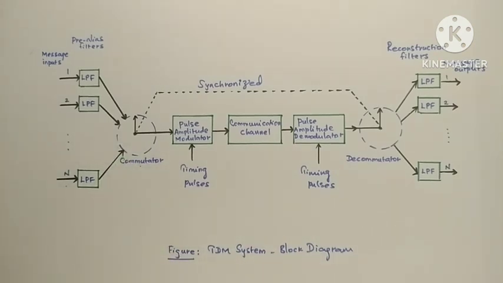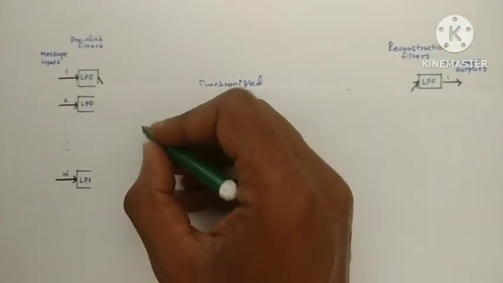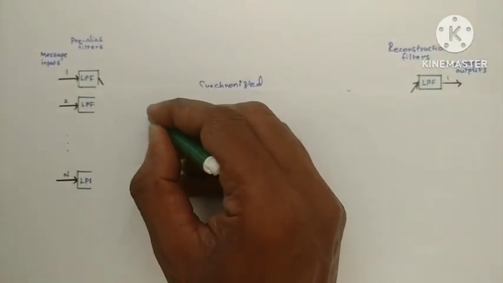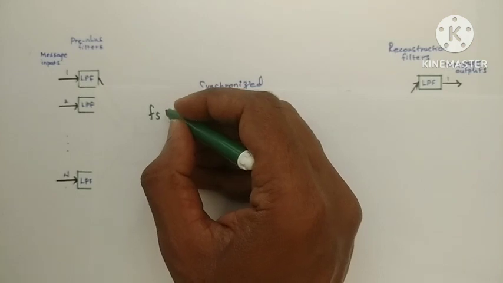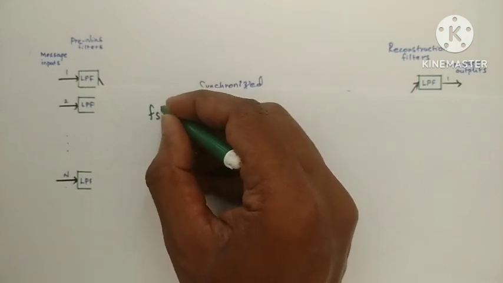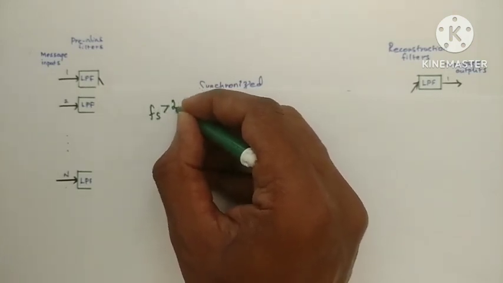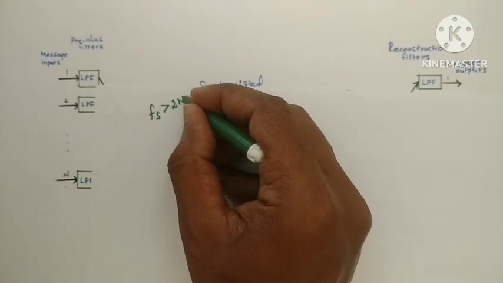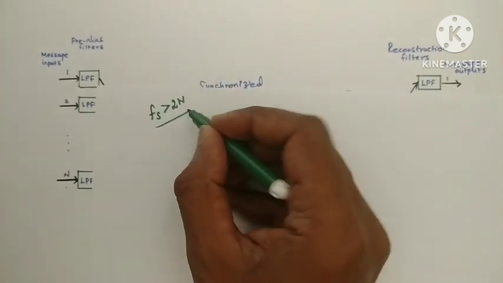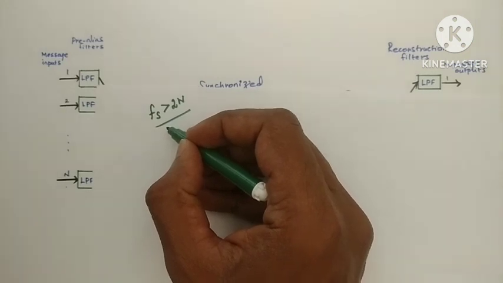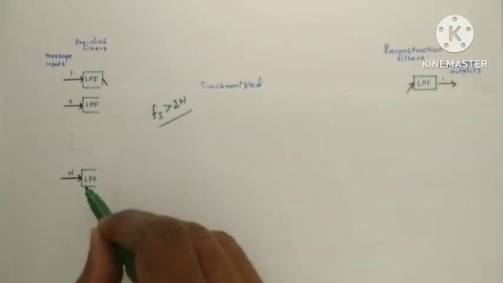The sampling theorem says the sampling frequency Fs must be greater than or equal to twice the maximum frequency of the incoming signal. So as per the sampling theorem, the samples are taken from each input.